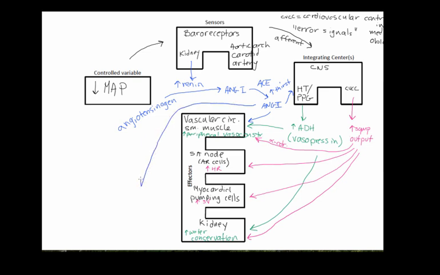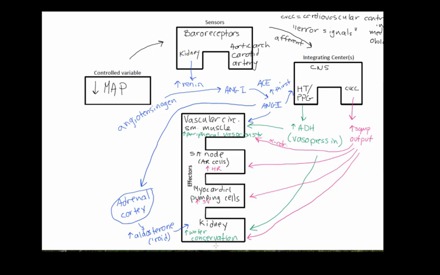So we'll put the adrenal cortex. And when angiotensin 2 binds with its receptors in the adrenal cortex, this causes increased synthesis and release of aldosterone, which is a steroid. And aldosterone has receptors in the kidney where it also promotes water conservation.